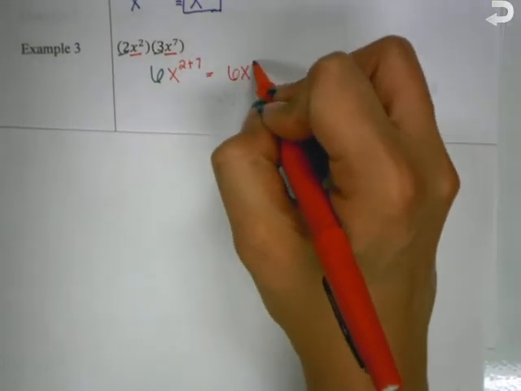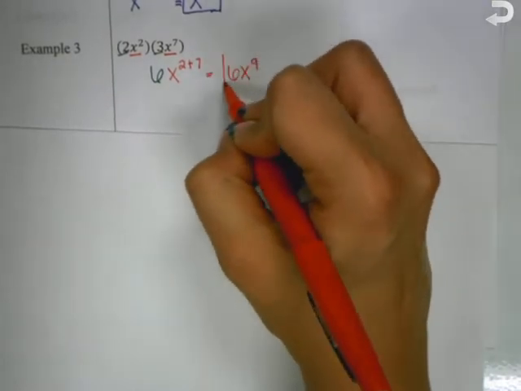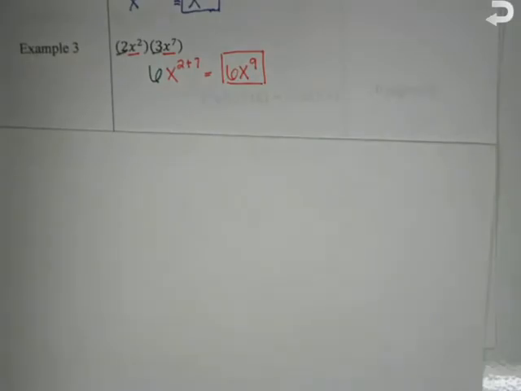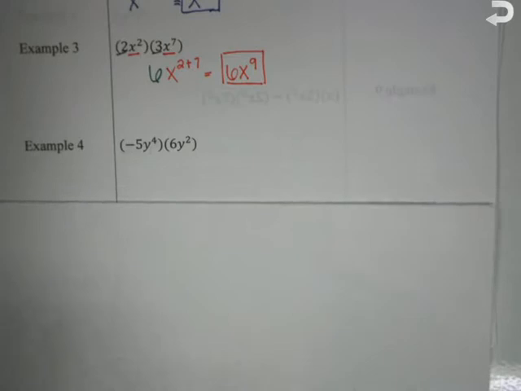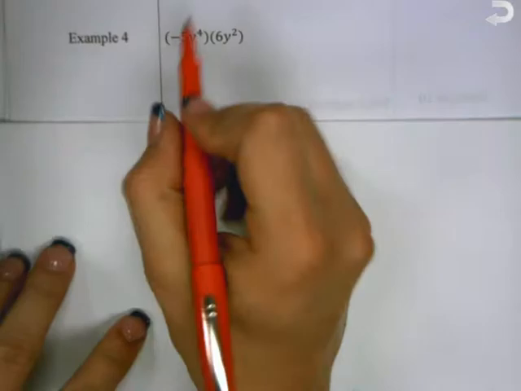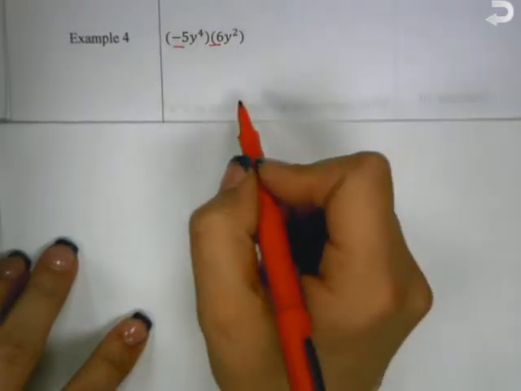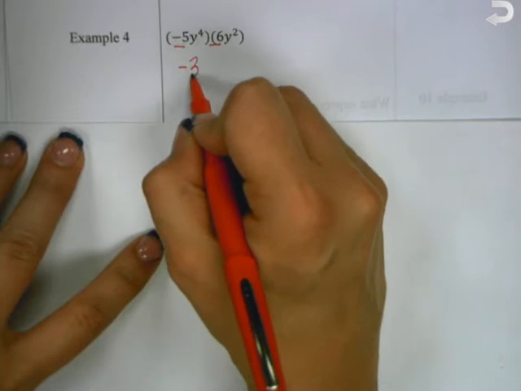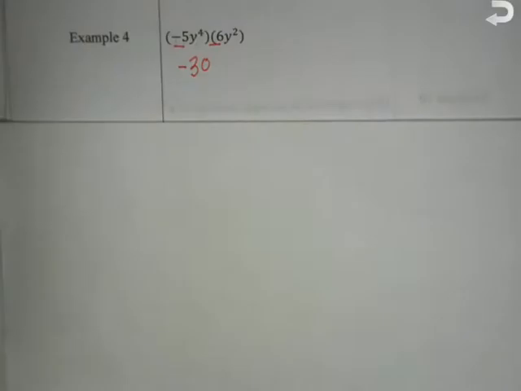Does that answer your question, Brandon? Yeah. Okay. So Brandon, what am I going to do with the coefficients, -5 and 6? You multiply -5 times 6. And what do I get? Negative 30, right? And then Tommy, what do I do with the variables, the y to the 4th times y squared?